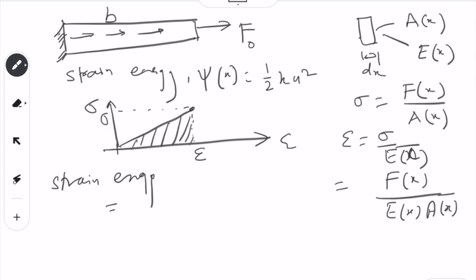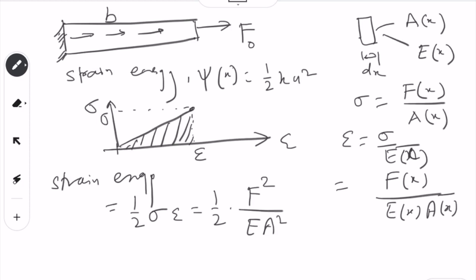So basically this is half of stress times strain. Hence our energy becomes half times the stress, which is Fx over A, times the strain, which is Fx over EA. So this becomes F squared divided by E A squared.